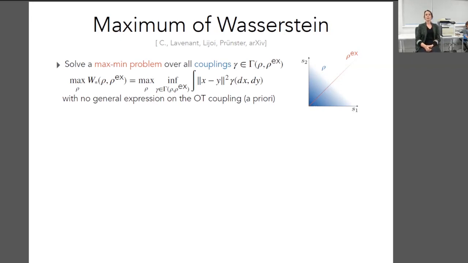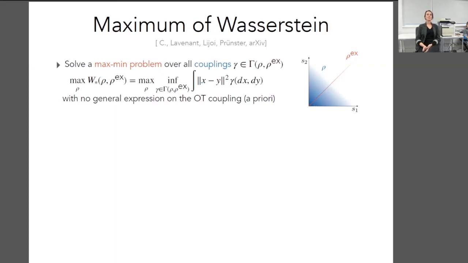So we wanted to find the maximum possible value of the Wasserstein distance from exchangeability. And as you can see, this actually involves solving an intriguing max-min problem. Since, as we said, the Wasserstein distance can be expressed as the infimum over all possible extended couplings, and then we want to find its maximum value.